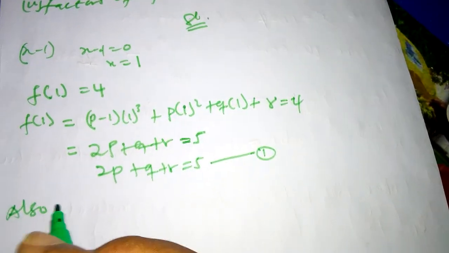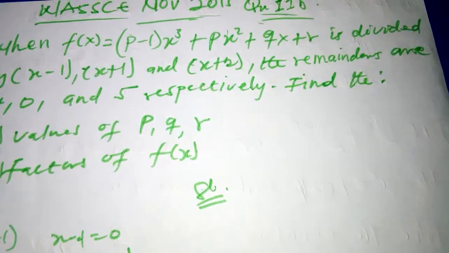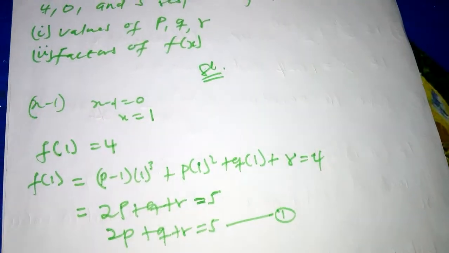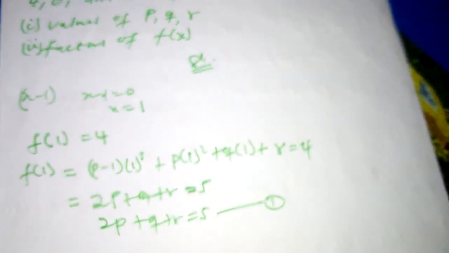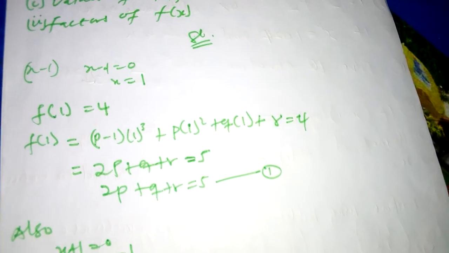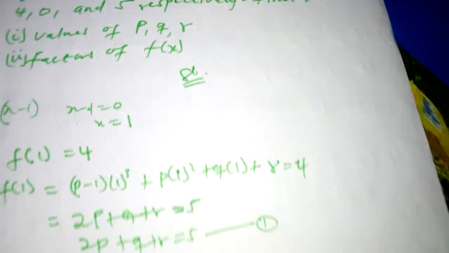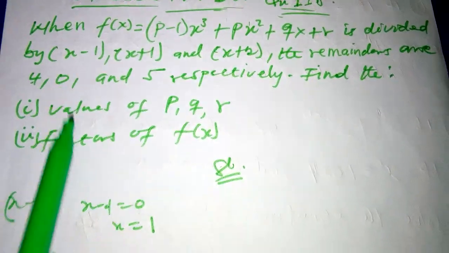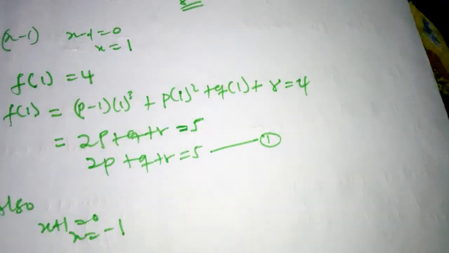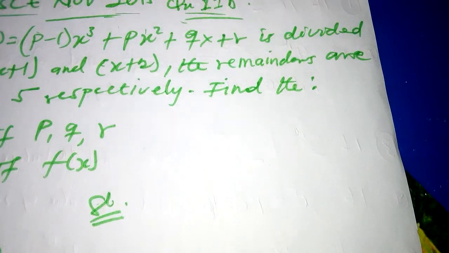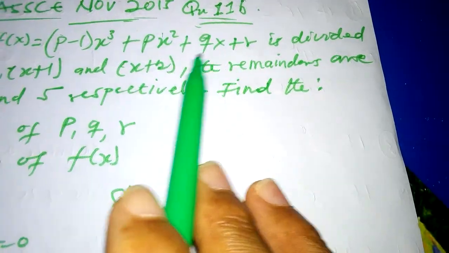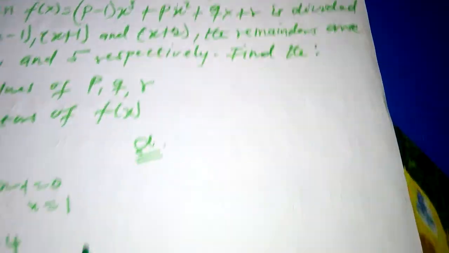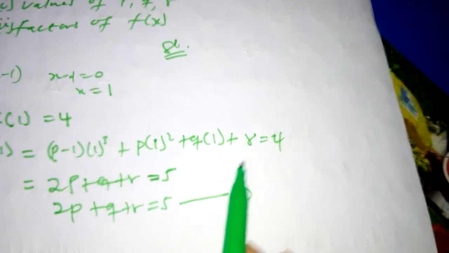Also, we take the second factor, which is s plus 1. So s plus 1 equals 0, and we get s equals negative 1. Therefore, we find f of minus 1, and that gives us a remainder of 0. So we take our equation, and anywhere we see s, we put negative 1, as we did before where we put 1.